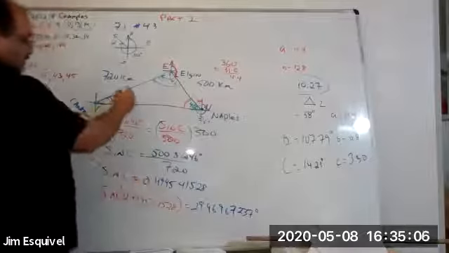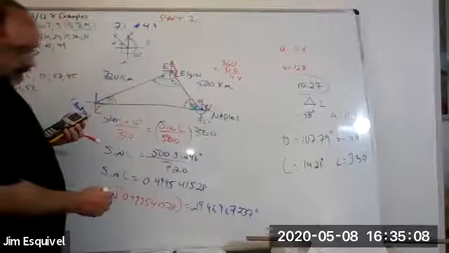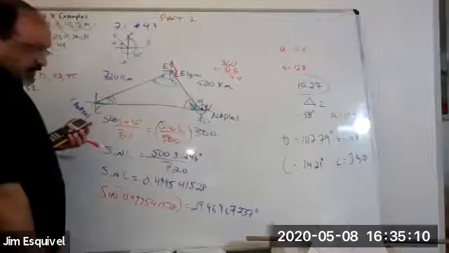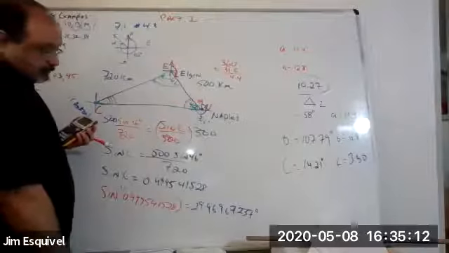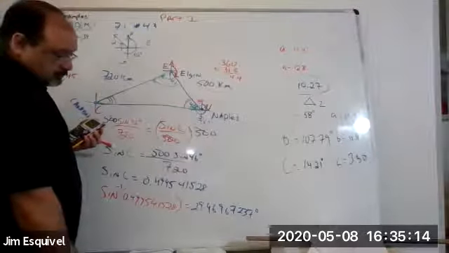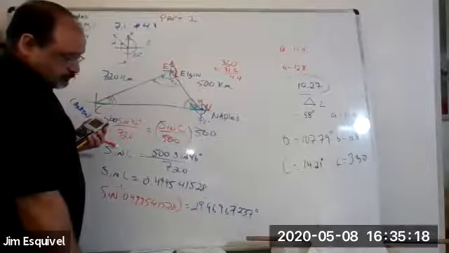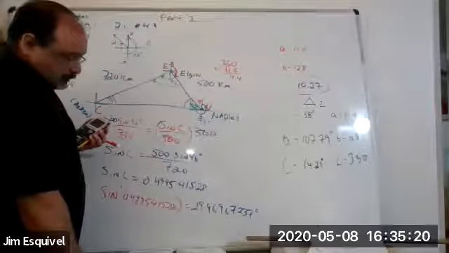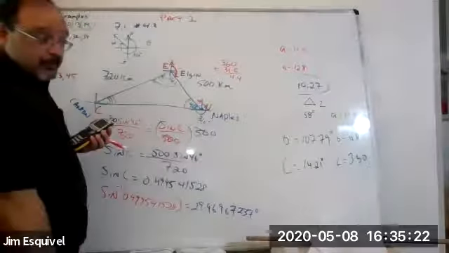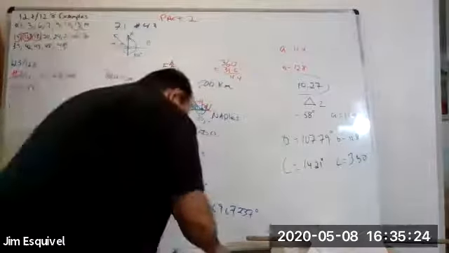And so this angle right here, Destiny, in the back, what are they rounding to? What was it? I don't have the book open.